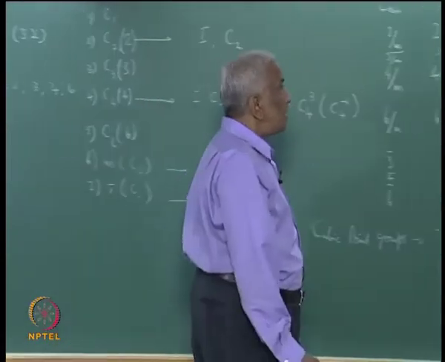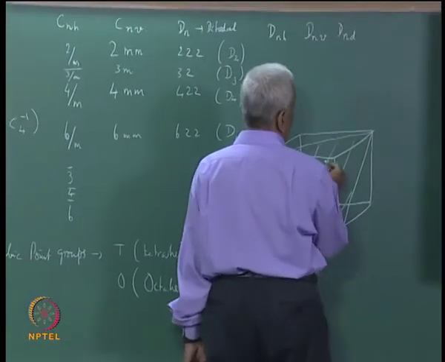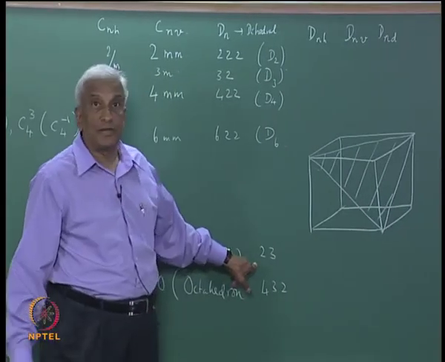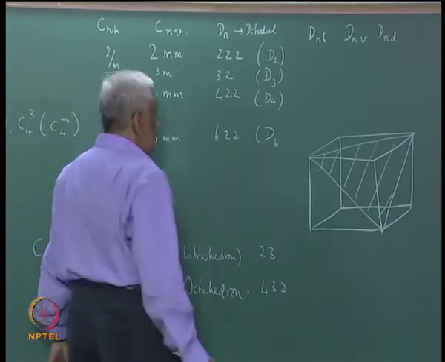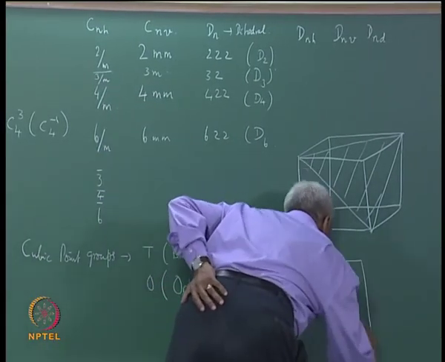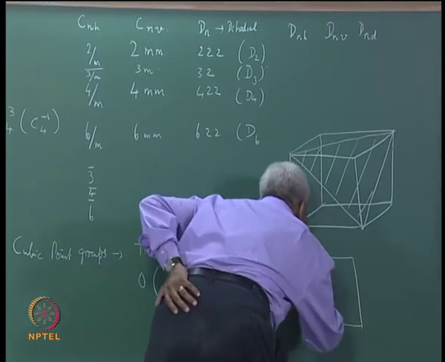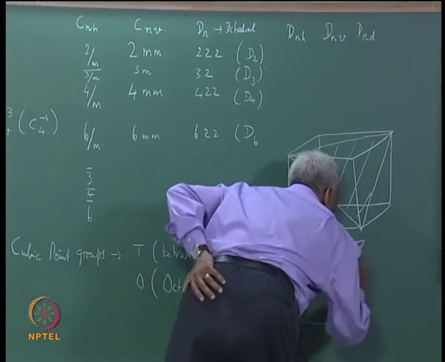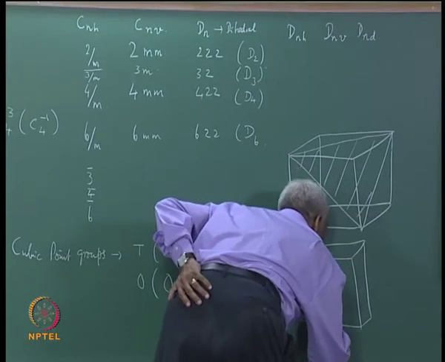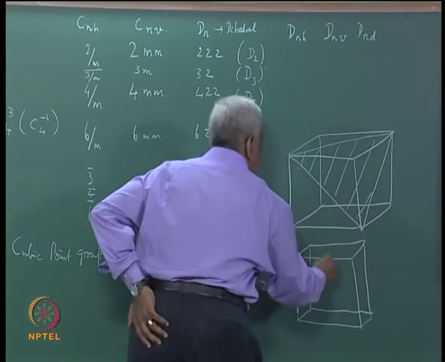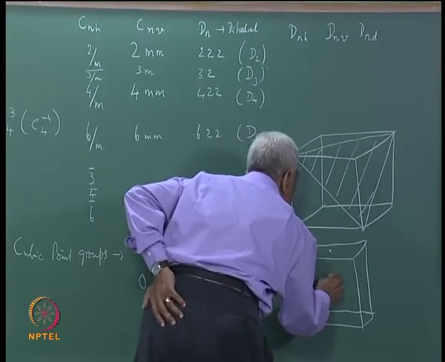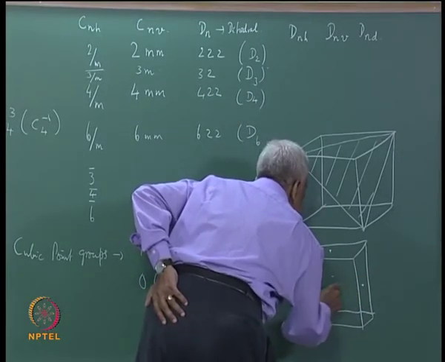That is the one which has obviously a threefold axis and twofold axis of symmetry, whereas the same cube is also consistent with octahedral symmetry, as can be seen by taking the midpoints of these sides.